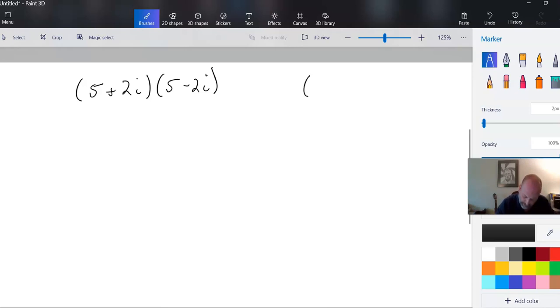And then the other one I want to look at is, let's do 9 plus i and 9 minus i. All right. So go ahead and pause here and see if you can multiply these out, and then let's see what you get.